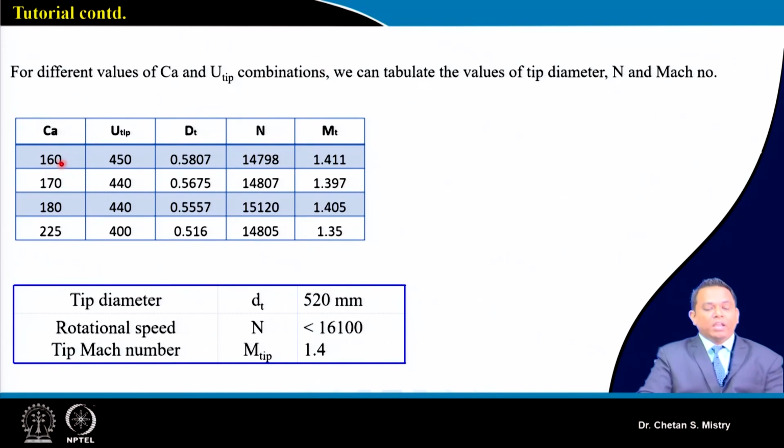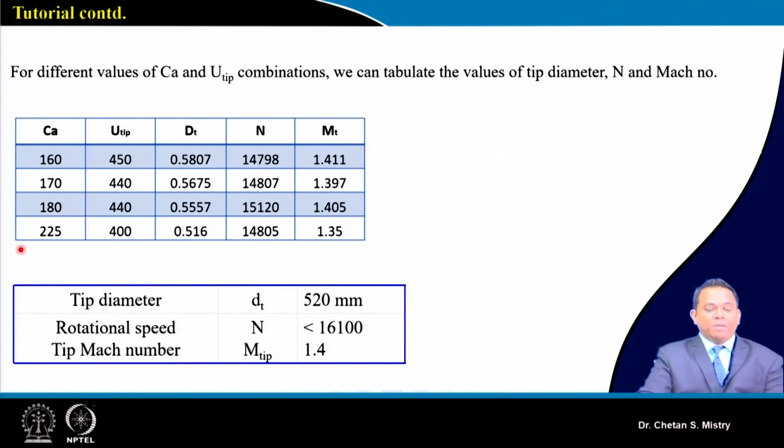We are looking at our speed, which should not be more than 16,100. For all assumptions of axial velocity and tip speed, my rotational speed is coming in the range.